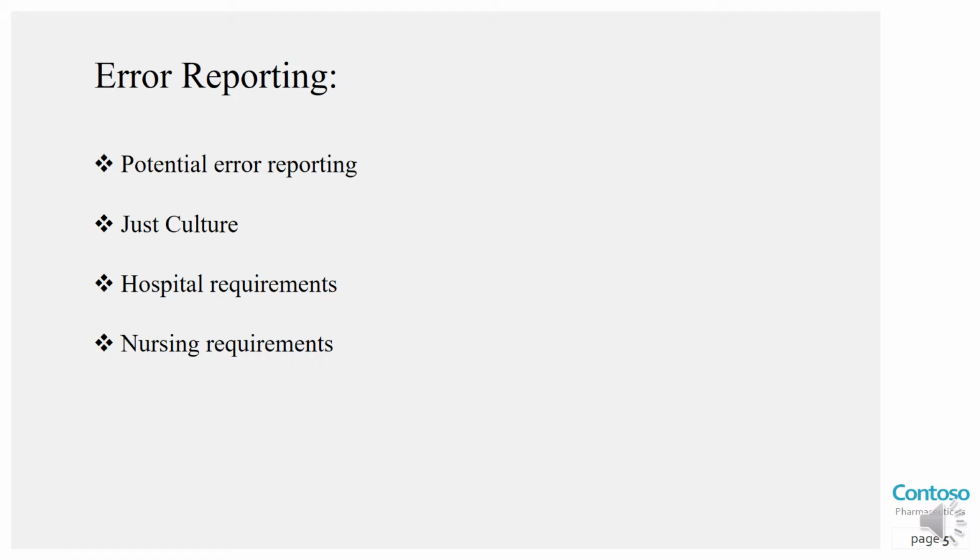Just culture recognizes that competent professionals make mistakes, but acknowledges that professionals may develop unhealthy habits as well, such as taking shortcuts. Staff members are held accountable for their actions involving such habits. However, when error is related to a system or a process, the staff members are not held accountable.